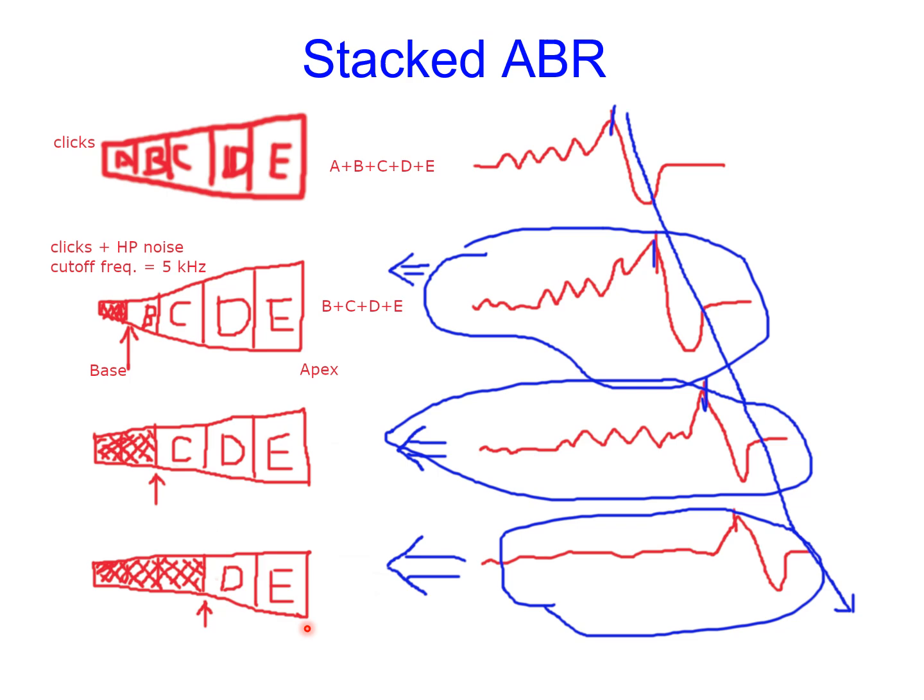So anyway, the stacked ABR is going to have a very big wave five amplitude because they are well aligned, and it will represent different regions of the cochlea because it's a sum of all different conditions.